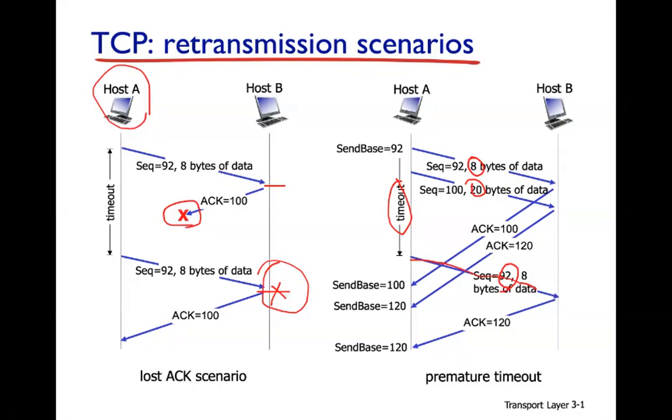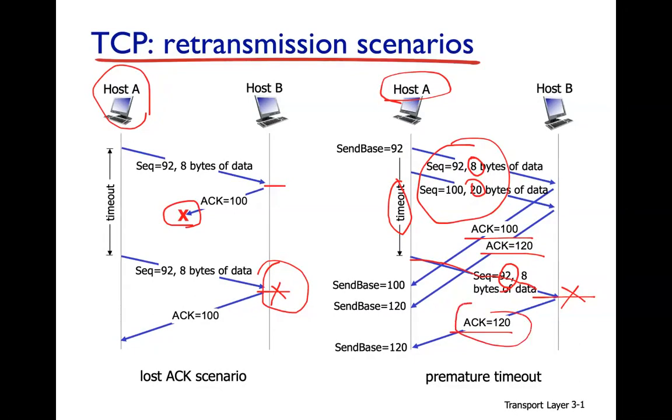So at this moment, it gets two ACKs. One is ACK 100 and one is ACK 120. So actually, host A will see that, okay, these two have already been received correctly by the destination, but I retransmitted it, doesn't matter. So host B will eliminate this duplicate and send out ACK 100 again, because it got the duplicate data.